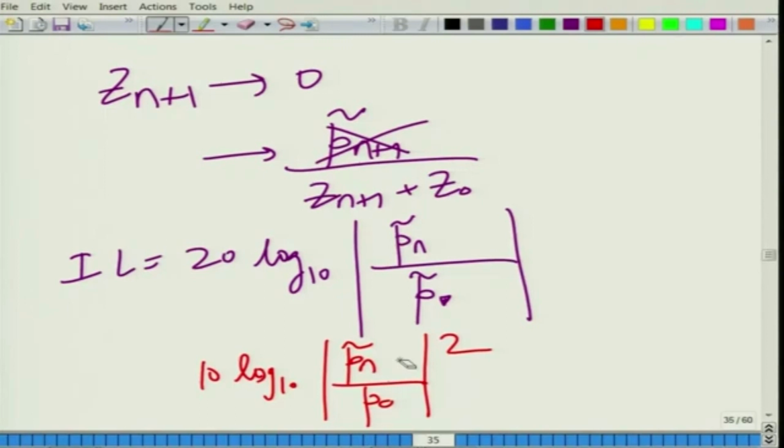In this case insertion loss will be equal to level difference, which I am going to talk about soon, and transmission loss is yet another quantity. We will talk about TL and LD in the next lecture, lecture 2 of week 4. A couple of comments about insertion loss: unlike transmission loss, insertion loss is easier to measure.